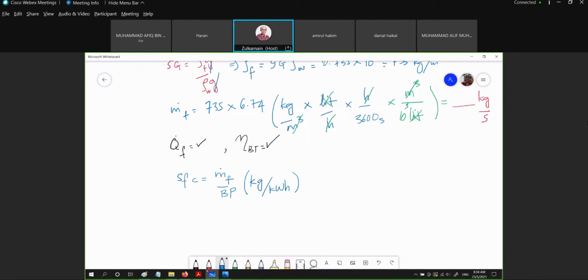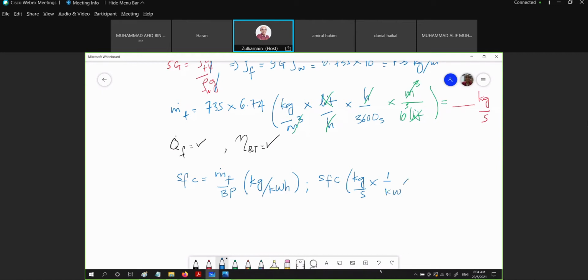Jadi kalau in our case ni, apakah M dot F? M dot F kita unitnya ialah kilogram per second. And then BP kita diberikan dalam unit kilowatt. So this is 1 over kilowatt. So we have to convert menjadi kilogram per kilowatt hour.